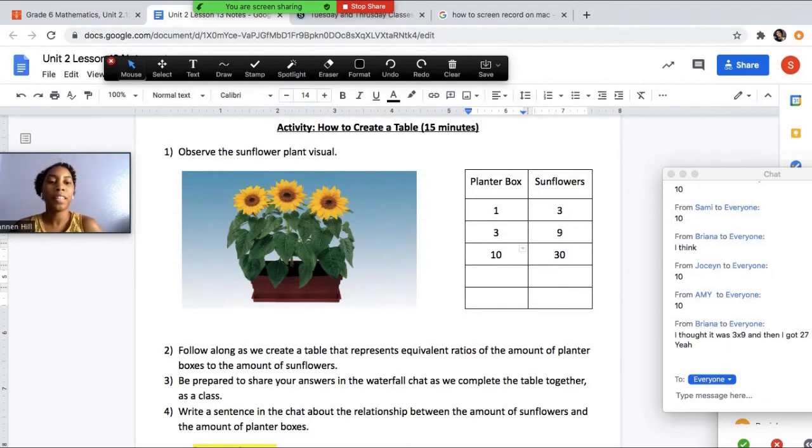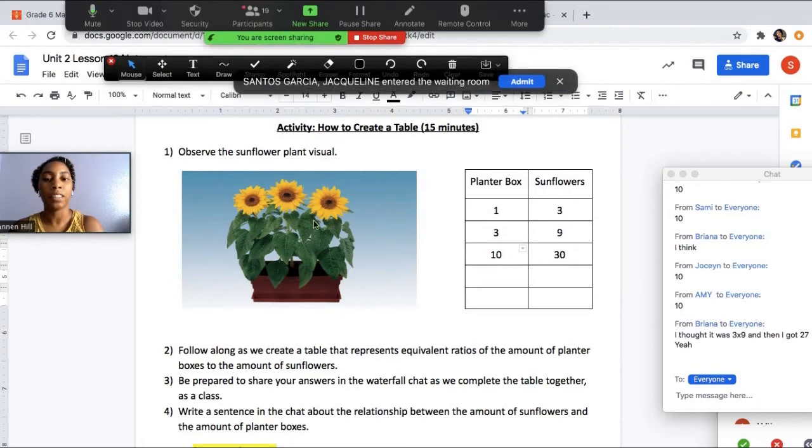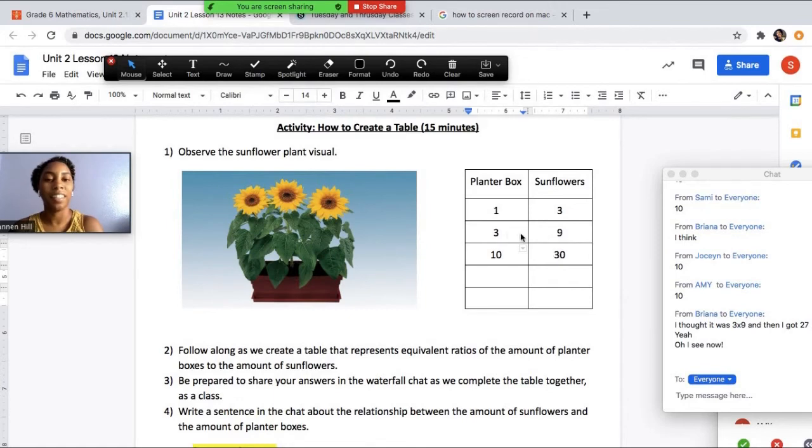So remember, you're trying to think of what do we multiply the first number by to get the second number? Or if you do the reverse, you divide. So you say, what do I divide by to get this number? So yeah, there's 30 sunflowers. We only have 3 sunflowers in 1 planter box. So if there's 30 sunflowers, then there's going to be 10 planter boxes.